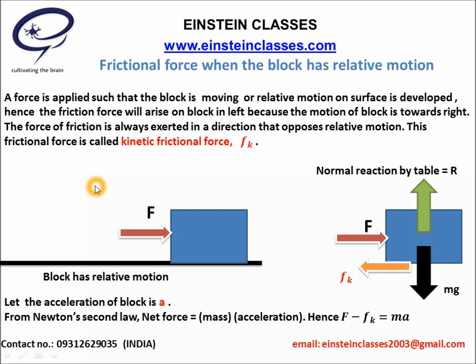The second point is that the direction of the frictional force will be such that it opposes the tendency of relative motion or the motion. The third point is that there are two types of frictional force: one is the static frictional force, and the other is the kinetic frictional force. The maximum value of static friction force is known as limiting static frictional force, right?